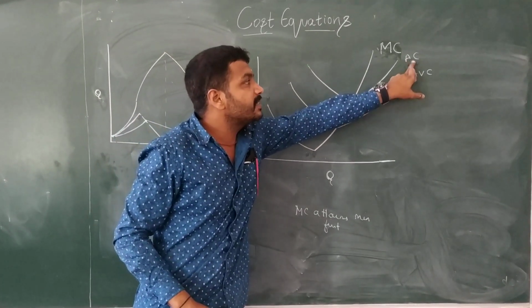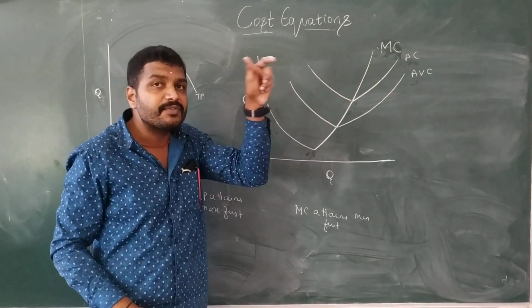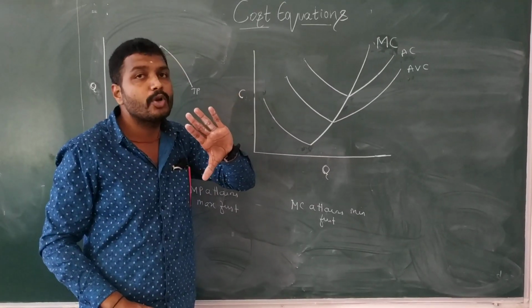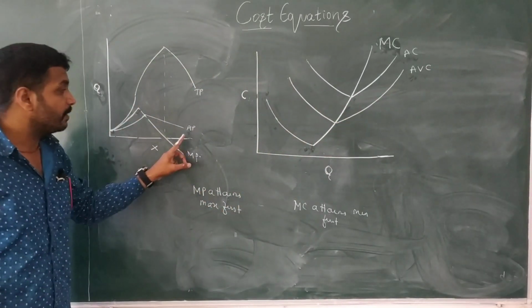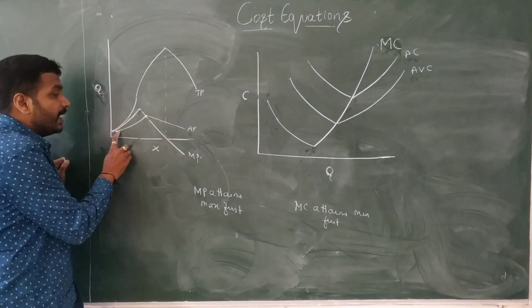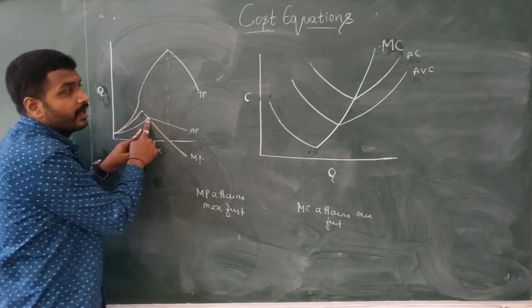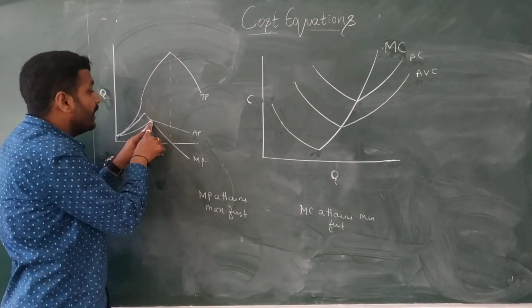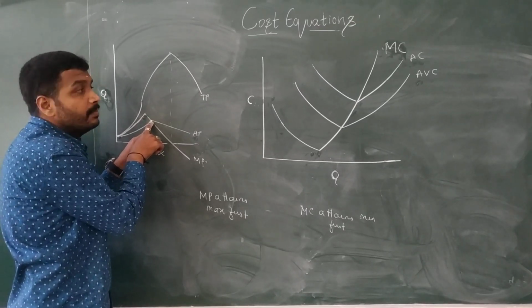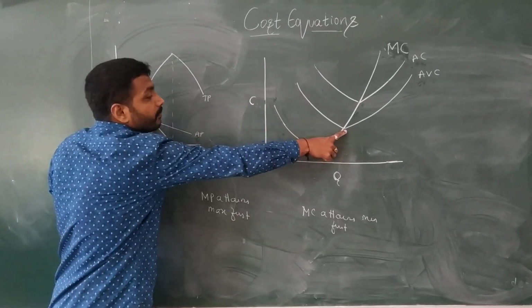We cannot consider AC because AC comprises the AFC component. Remember, AC cannot be the mirror image of AP. ABC is the mirror image of AP. So when AP rises, ABC falls. When AP attains maximum, ABC attains minimum.